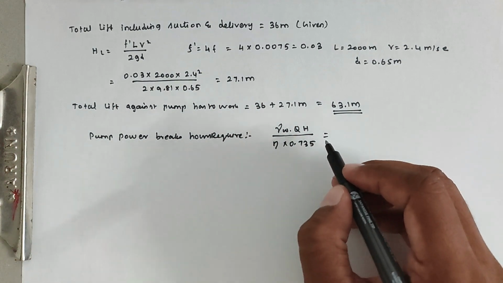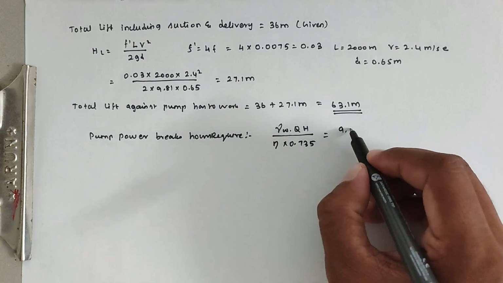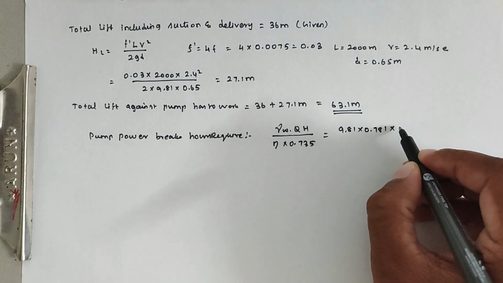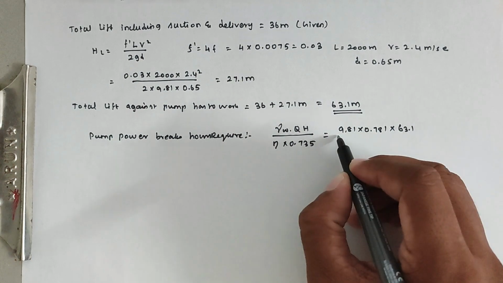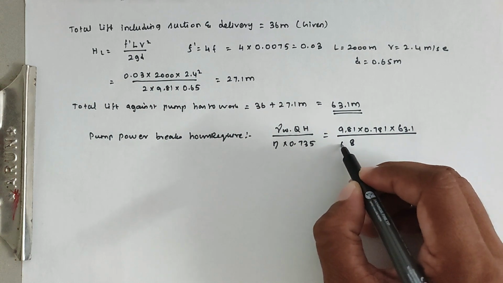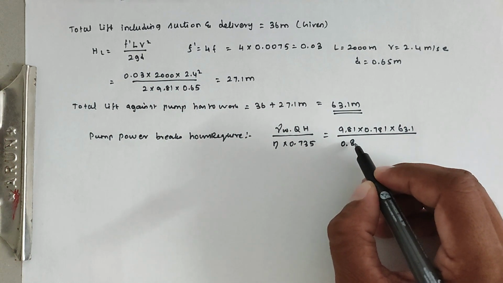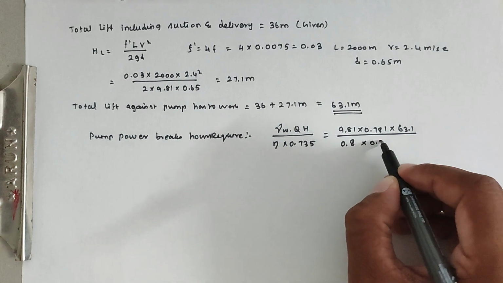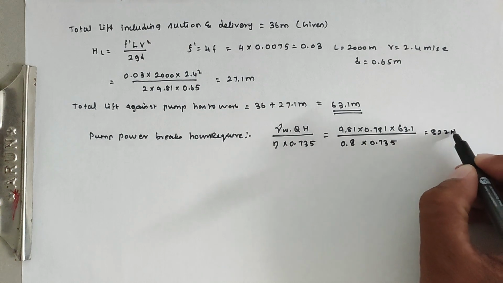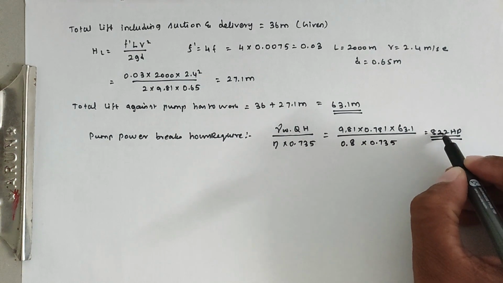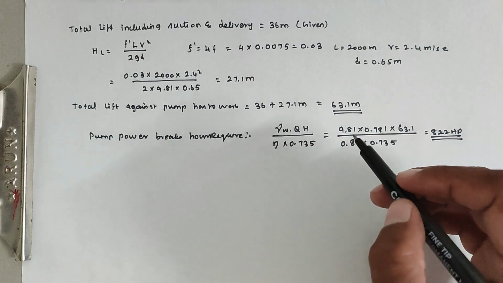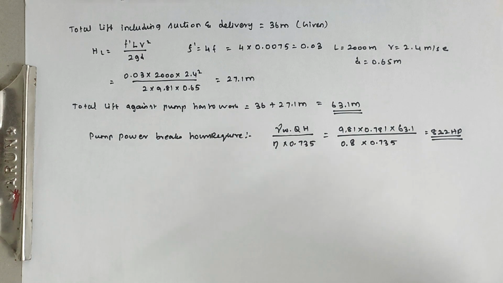Gamma W is 9.81, Q is 0.781, H is 63.1, which we found out, divided by eta, the 80% efficiency, that is 0.8, into 0.735. Solving this we get 822 HP. So an 822 HP pump is required to pump the required quantity of water. This is the method we can solve the problem.